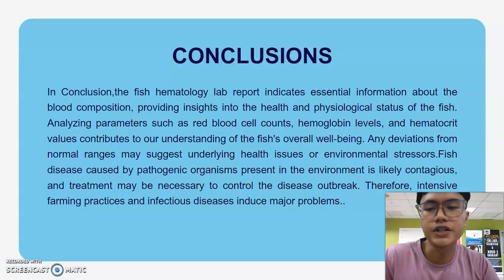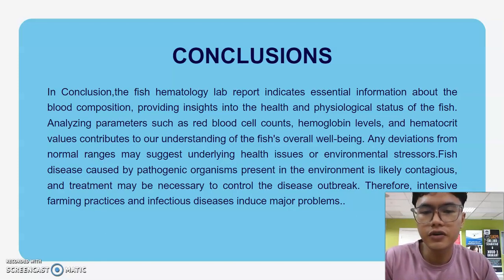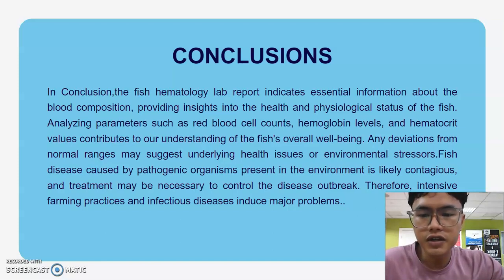As for the conclusion, the fish hematology lab report indicates essential information about the blood composition, providing insights into the health and physiological status of the fish. Analyzing parameters such as red blood cell counts, hemoglobin levels, and hematocrit values contribute to our understanding of the fish's overall well-being.